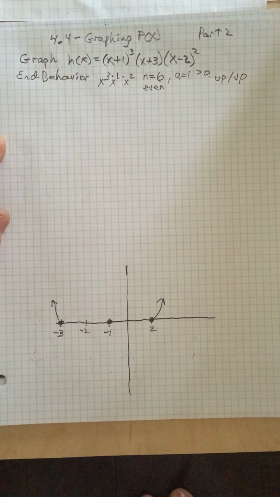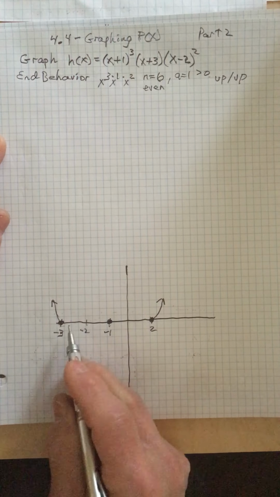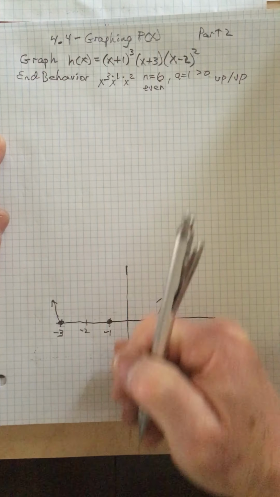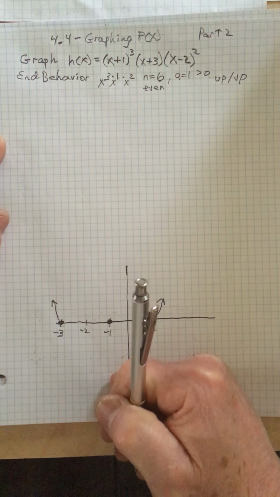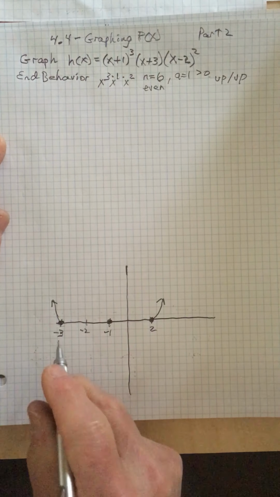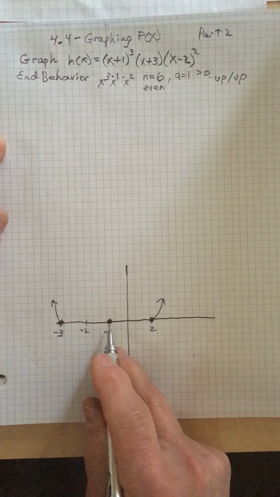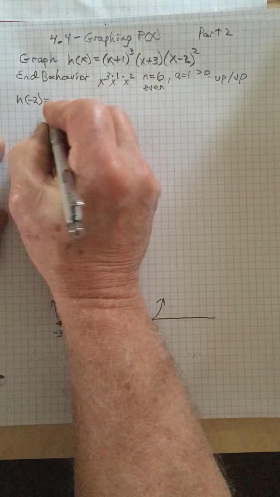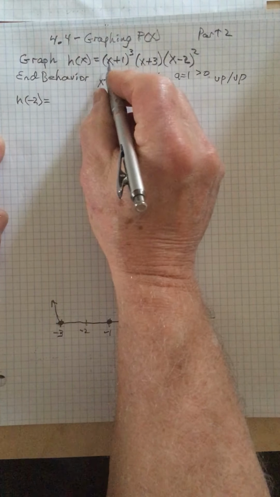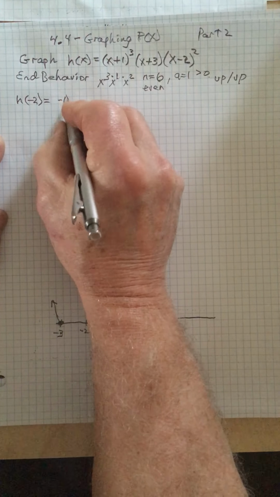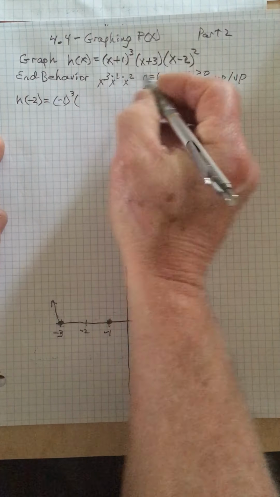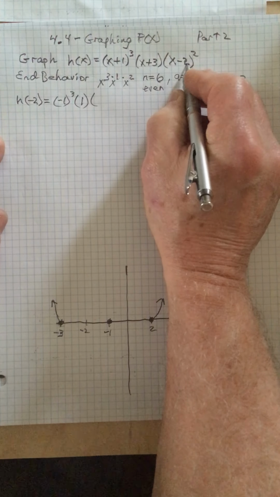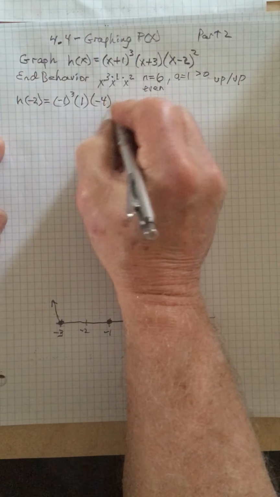The question is how far down. We're not really sure, but if we pick a point in the middle and estimate how far down we go, in other words, what would h of x be at -2, that'll give us a good idea of how far down we need to draw this. So let's get that. If I put -2 in here, -2 plus 1 is -1 cubed, times -2 plus 3, that's just 1, and -2 minus 2 is -4.